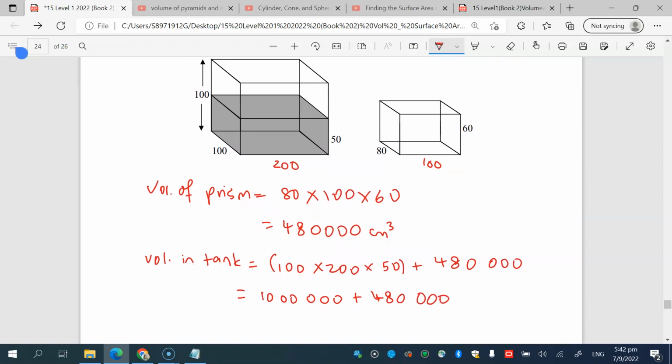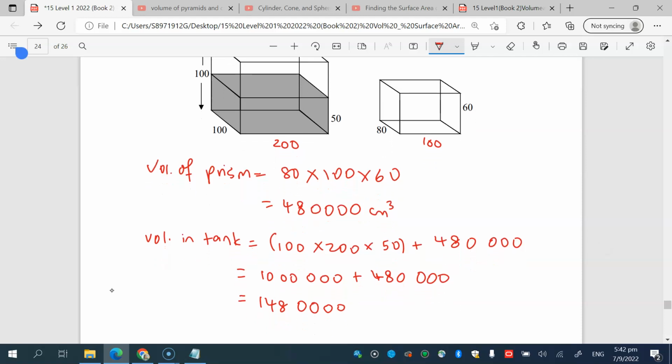That's a lot of zeros. So this one has 6 zeros, this one has 4 zeros. Add together 480,000, you get 148,000,000, 4 zeros. All right, cm cube.